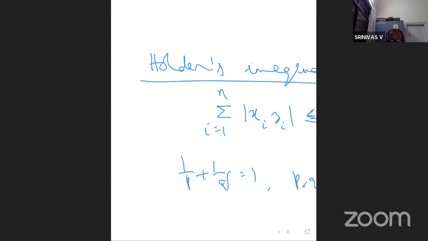No. Let me write down this normed linear space.